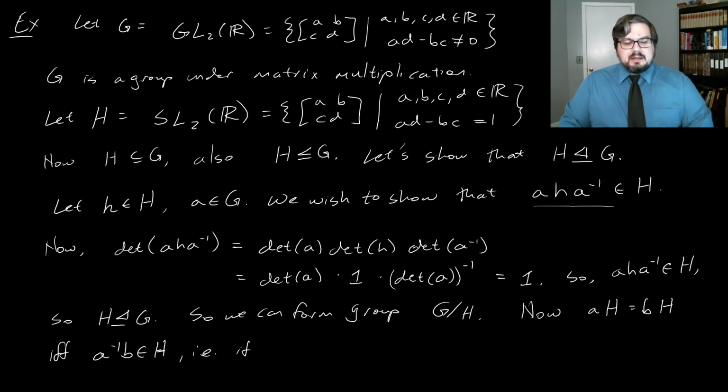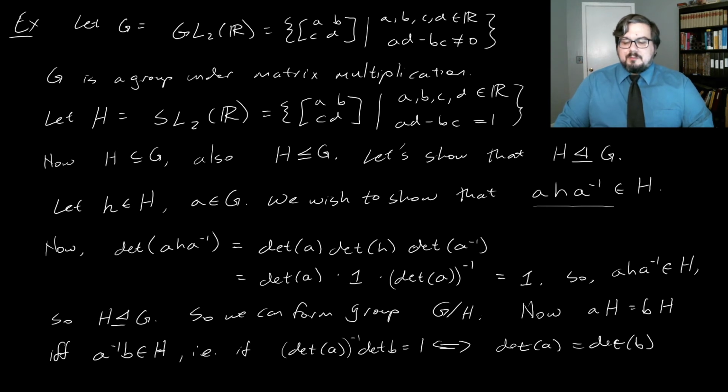I.e., if the determinant of A inverse times the determinant of B equals 1. That is the determinant of A inverse B, which is the determinant of A inverse times the determinant of B, is 1. And that occurs if and only if the determinant of A equals the determinant of B.